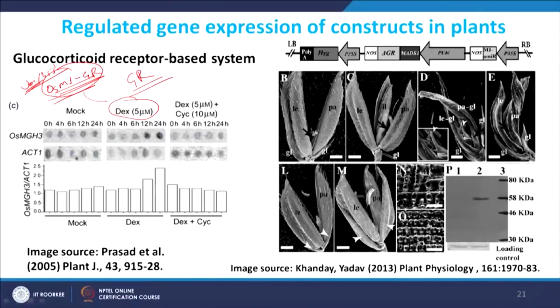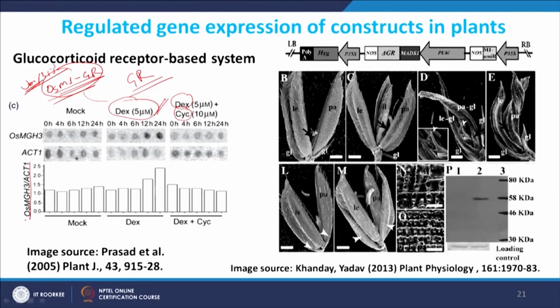Since MATS1 is a transcription factor, until and unless it enters inside the nucleus, it cannot perform the function. Then if I take this plant and induce with hormone, which we are using here, dexamethasone, then it will enter the nucleus and it can activate the gene.